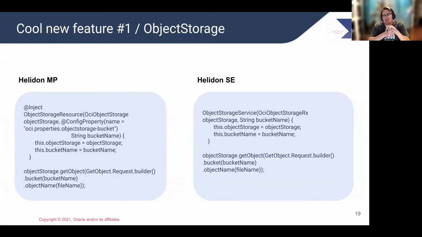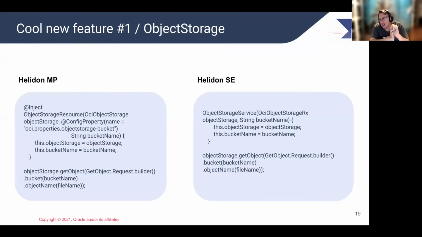There is just an object storage option which you inject, and you'll be able to get the objects really easily. So you just create a request. There's a builder for it, and you just specify the bucket and the object name, and you're done. So you're able to access it.